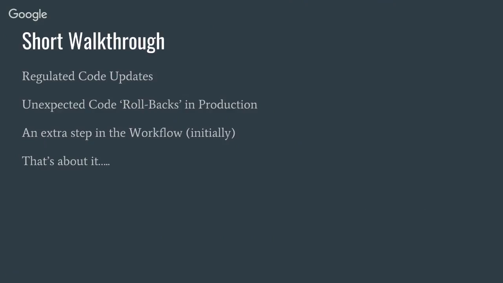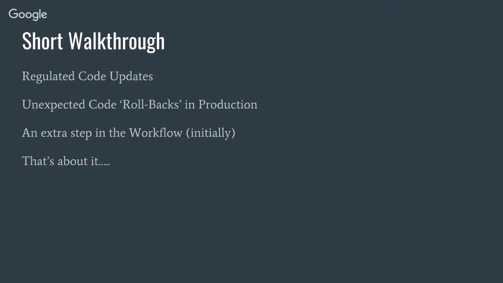So the short walkthrough we're going to go through is regulated code updates, a very useful tool of version control. If you have a new project that you're working on and you don't want your live site to be altered, but you still need to show your client the beautiful changes you've made for approval, you don't want to post those on live, because if your client hasn't approved them, you're probably going to get in trouble, right?